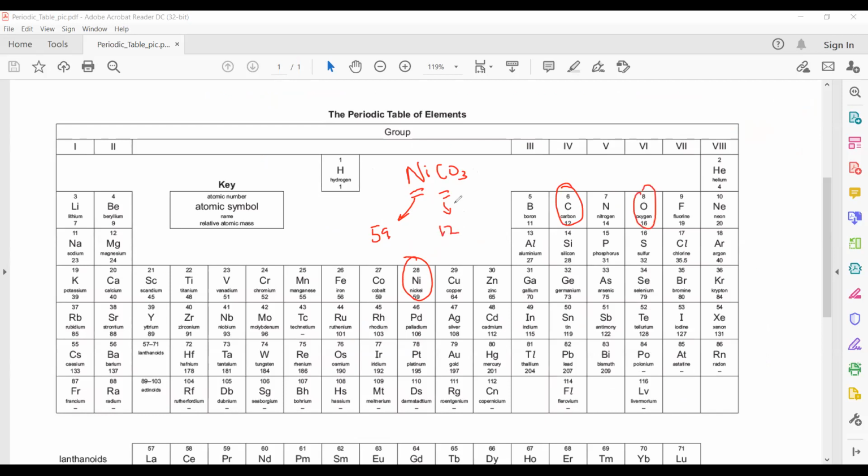Then oxygen is 16 multiplied by 3. So when we add them, 48 plus 12 plus 59, 119 will be the total mass. So the molar mass is 119.